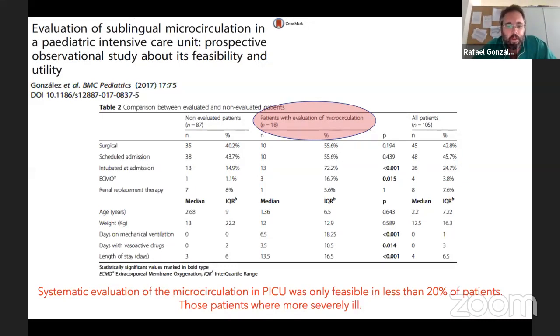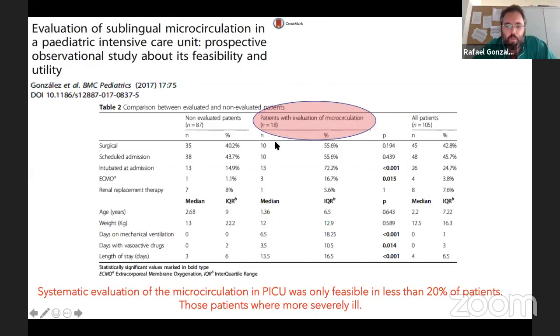In our study, we tried to evaluate whether it was possible to evaluate the microcirculation using videomicroscopy in every single patient admitted to our PICU, and we could only evaluate it in 20% of the patients, because most patients were not collaborative or had respiratory difficulty.